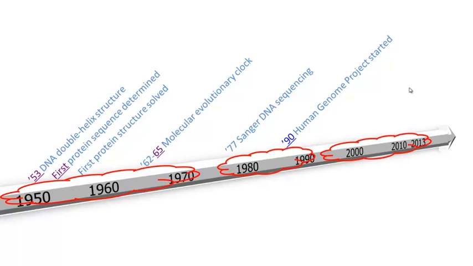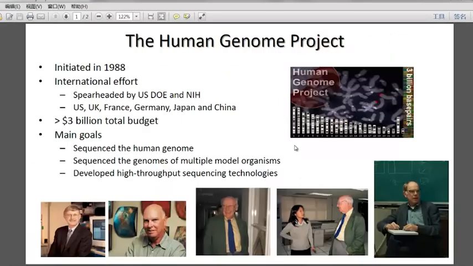That is the famous Human Genome Project. The Human Genome Project was initiated by the United States Department of Energy and later led by the National Institutes of Health, with contributions by the United Kingdom, France, Germany, Japan, and China.